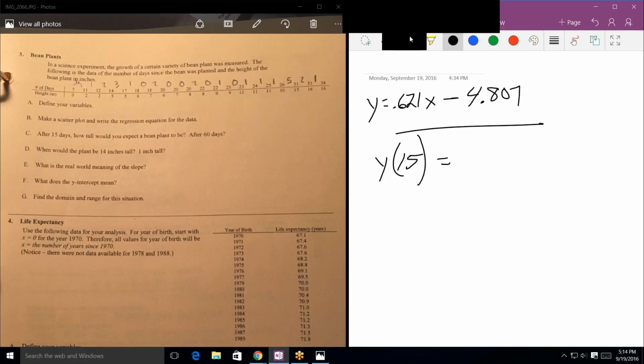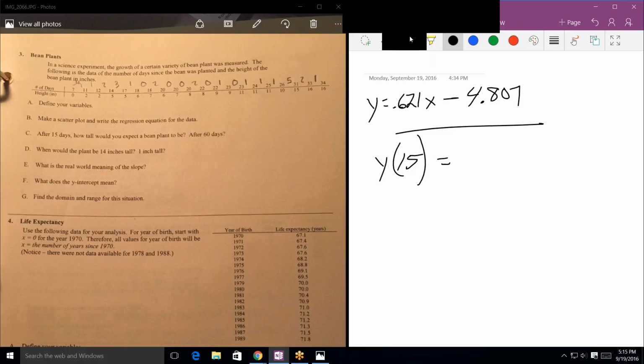Let me zoom out real fast. Ah, there we go. I just want you to go into your calculator, plug in 15 for x, and come up with what a y value would be.